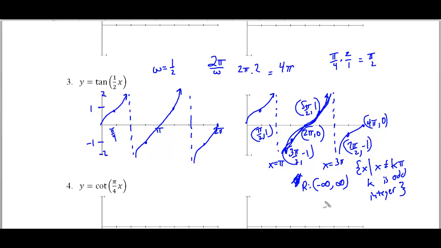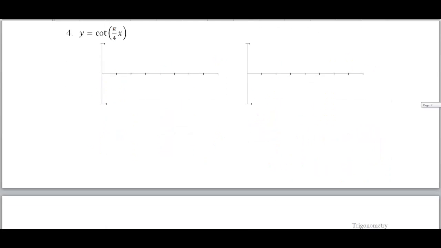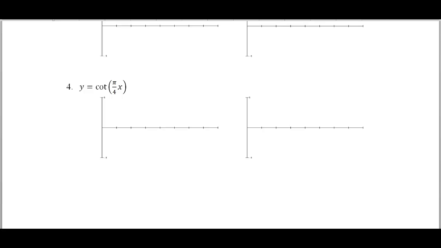All right, one more problem to wrap up this little video here. Let's go to the last picture, which is going to be cotangent. So again, I'm going to write my parent function of cotangent of x. That's going to be my parent there. The asymptote lines are going to be at every pi. So this is pi and 2 pi.